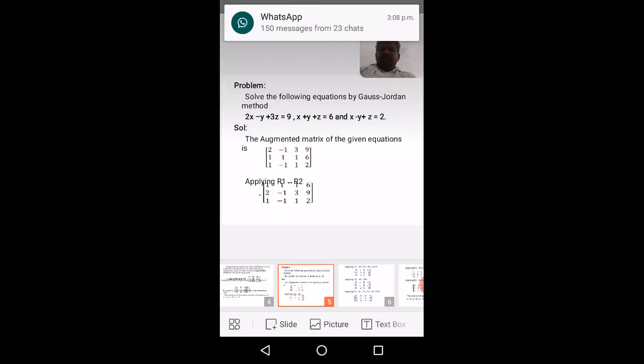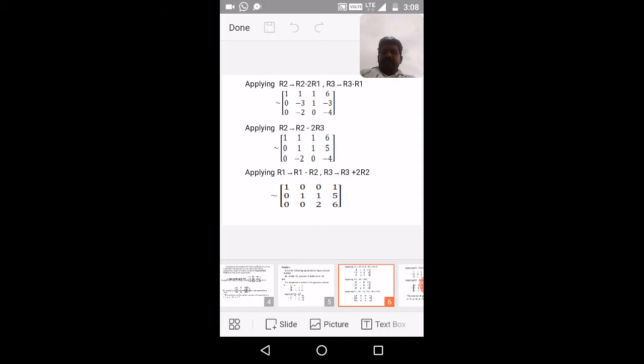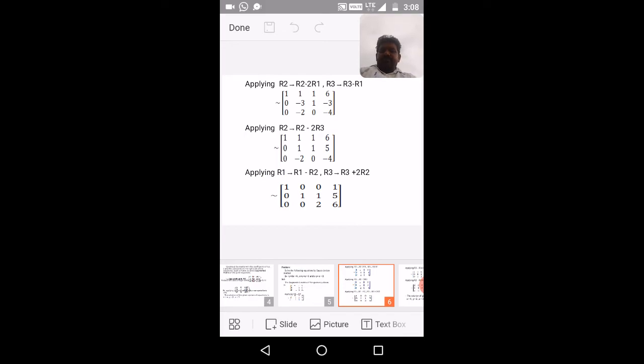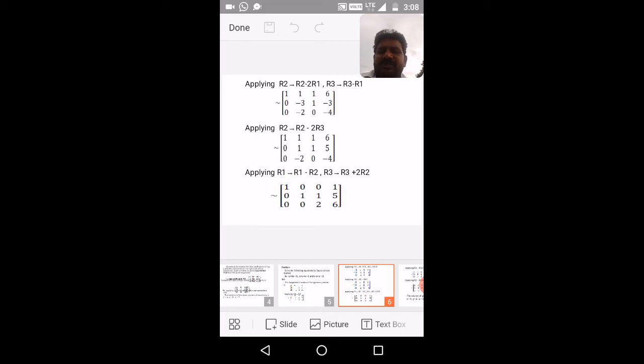Next, minus 1, R3 minus R1, minus 1 minus 1 is minus 2, and 1 minus 1, sorry, this is 1 minus 1, should be 0, I think, 0.